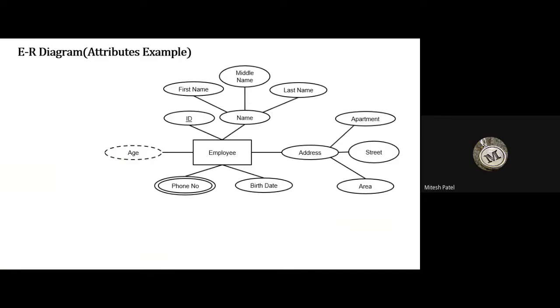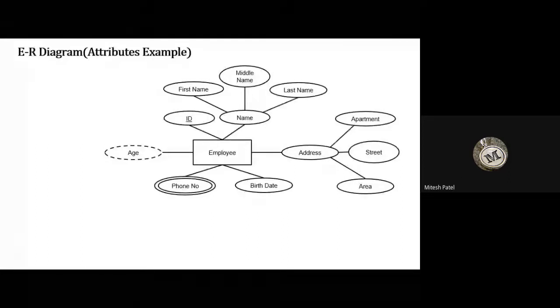Then we have seen a small example of an ER diagram. This is an ER diagram with only one entity, but it is only a part of an ER diagram, not the full ER diagram. If you join four such entities with relationships, then your full ER diagram is done. Okay.